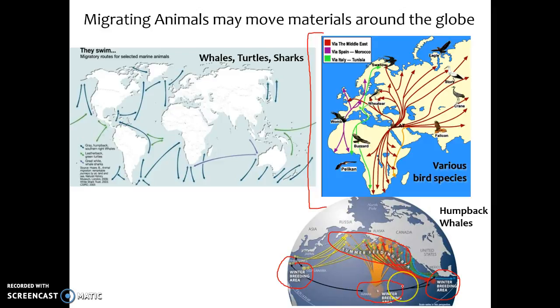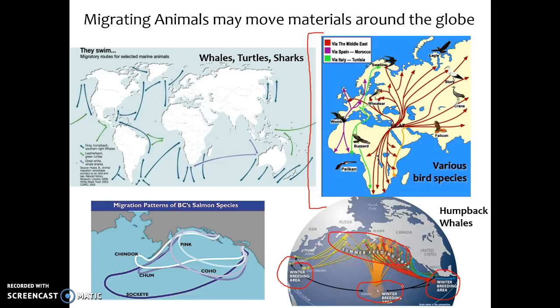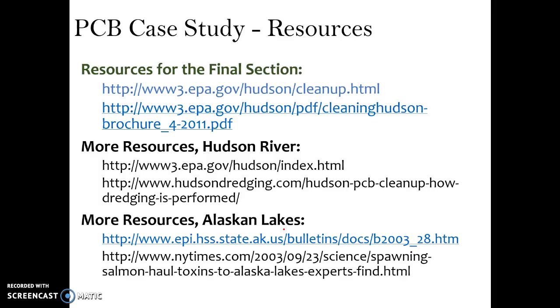Another migrating species are salmon. These breed in streams, come out into the ocean, migrate around, and come back into other streams. So these are all ways that materials move across the globe and things you might want to think about as you complete this case study on movement of PCBs to Alaskan lakes.